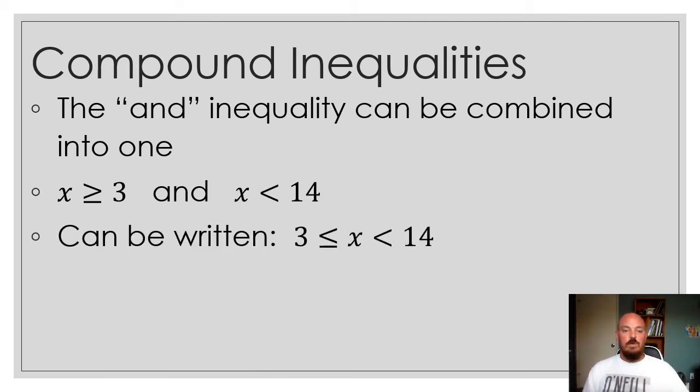Now if I wrote it this way, 3 is less than or equal to x is less than 14, what I've actually done is two things. I'll start with the second one because it's easier to see. x is less than 14, that's the second half of this inequality right here. So if you cover up the first part, the 3 and the less than or equal to, what you see is exactly what we want to see: x is less than 14.